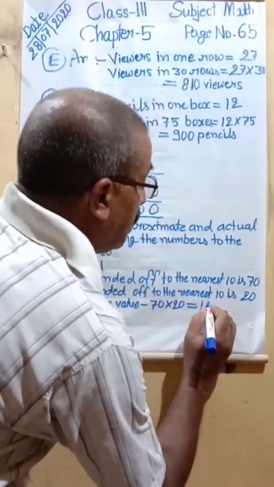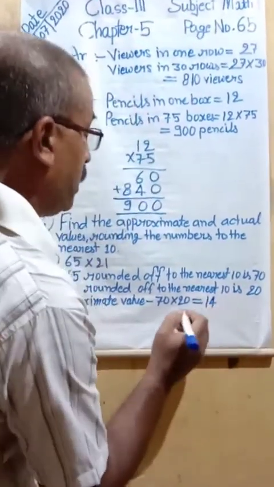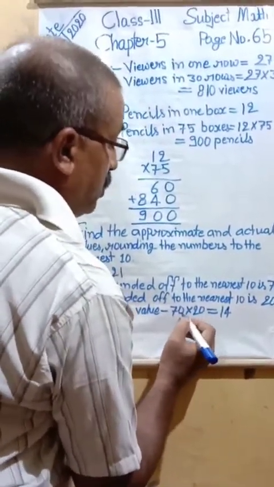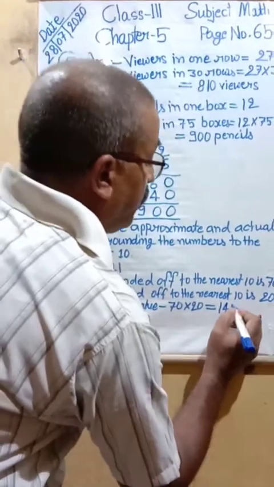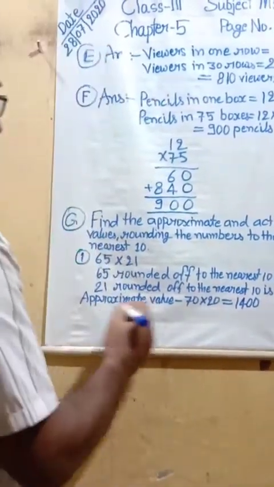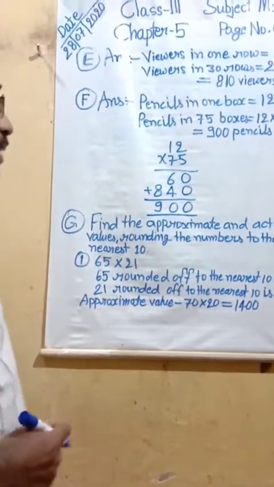We will write here 14. Then here is 2 zeros, 1 2, and we will write here 2 0. This is the approximate value.